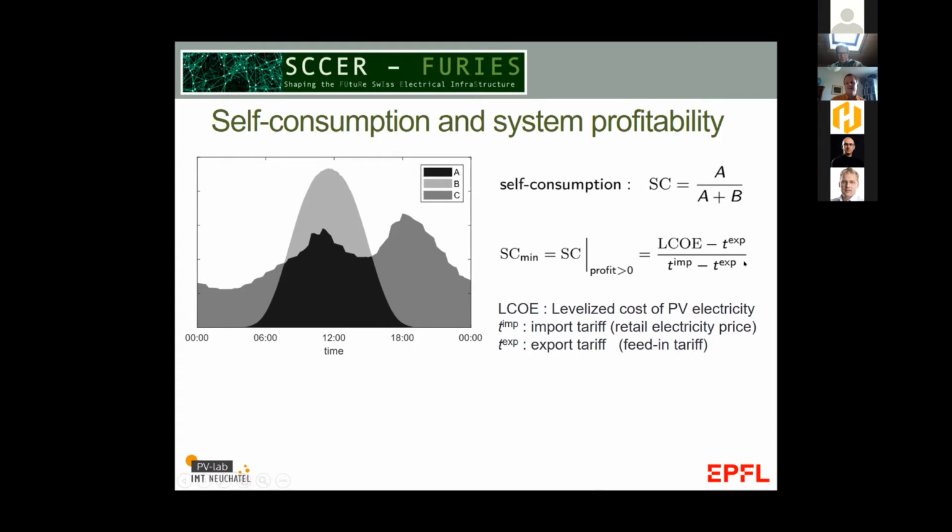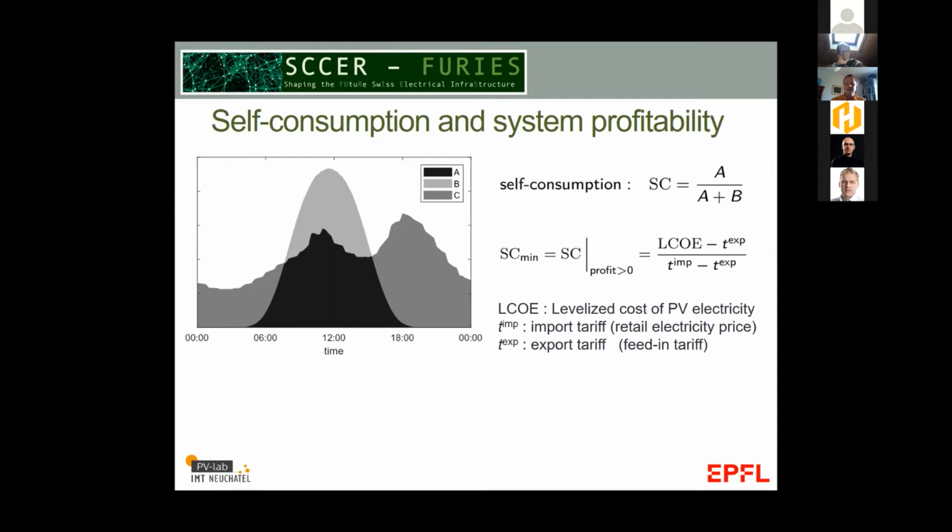And this can be given by this equation, where LCOE is the levelized cost of PV electricity. Basically, it's given by the total of the cost over the lifetime of the PV system divided by the energy produced over the same lifetime.